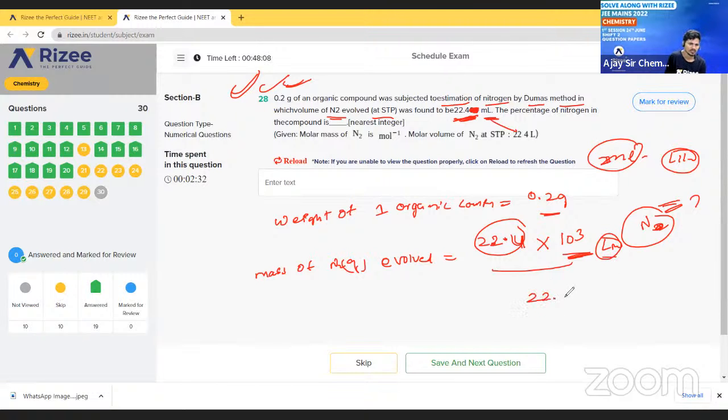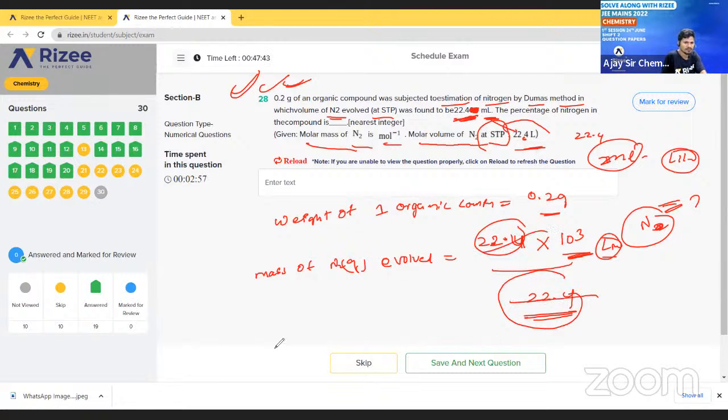Then we have to divide with 22.4 liter, the molar volume of N2 at STP, standard temperature and pressure. So 22.4 and 22.4 will cancel out. What we will get is 2.8, and here we have to multiply by 28.